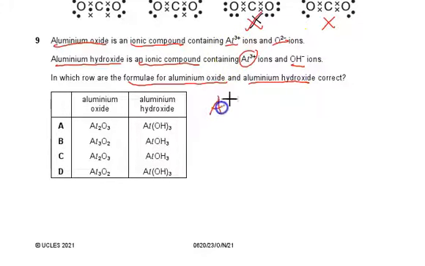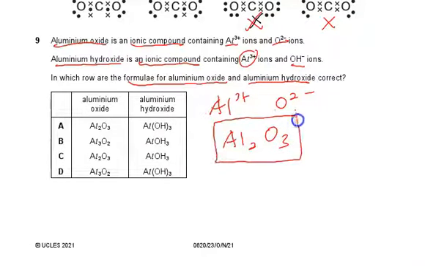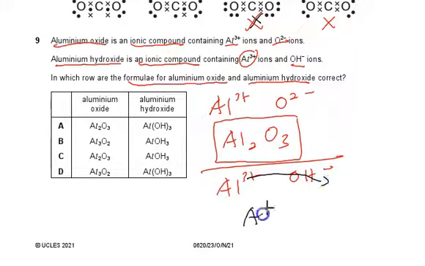So when we add it on, here you have aluminium 2, oxygen 3. This is for aluminium oxide. For aluminium hydroxide, please remember this 3 will go down here, and make sure you put the bracket and put the 3 over here. Okay, so this is a very basic question, and your answer here will be A.